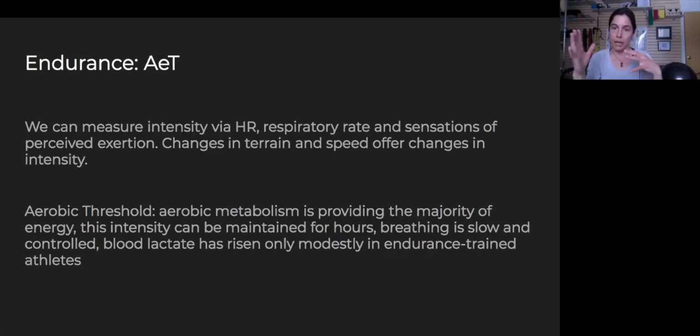So when we're in and sub our aerobic threshold, we are predominantly using the fat burning oxidative system. And as a result, this type of intensity can be maintained for hours, right? Or even in some athletic cases for days. Your breathing is controlled and slow, and your blood lactate has risen only modestly when you're trained.